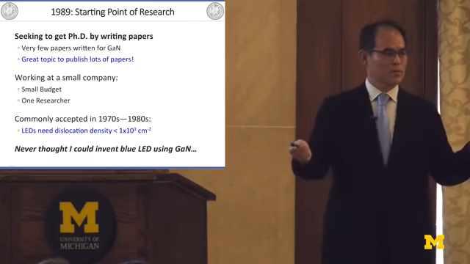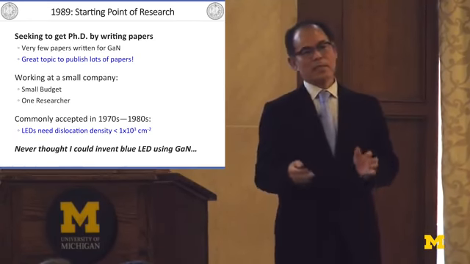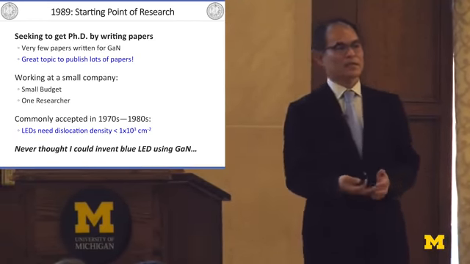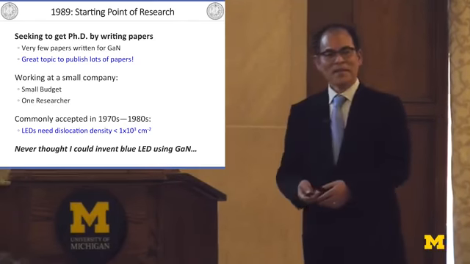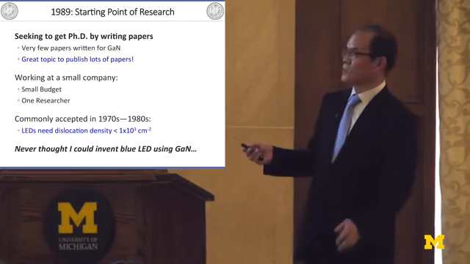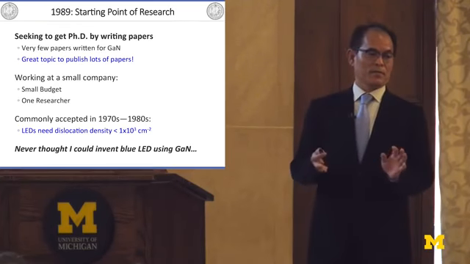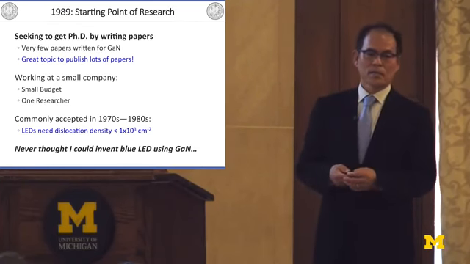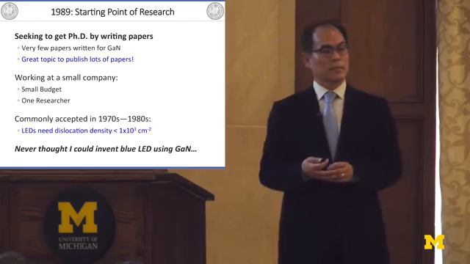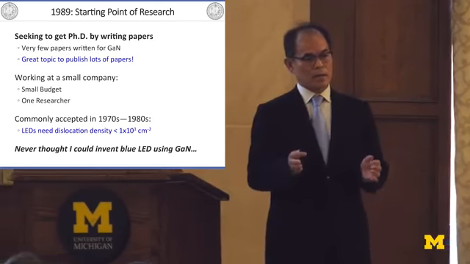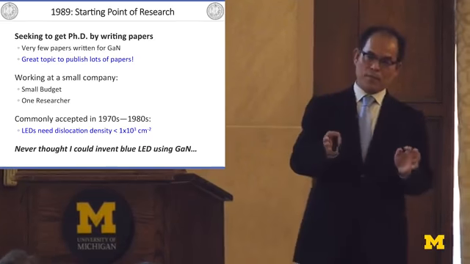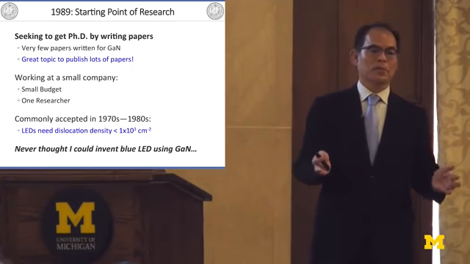So in Japan, nobody wants to go to the PhD course. But in the United States, it's a driver's license to become a scientist. So 1 year later, I came back to Japan. My dream was getting a PhD degree. In Japan at that time, we could get a PhD degree by publishing at least 5 scientific papers. It's called a paper degree. Just publishing 5 scientific papers, we could get a PhD degree.